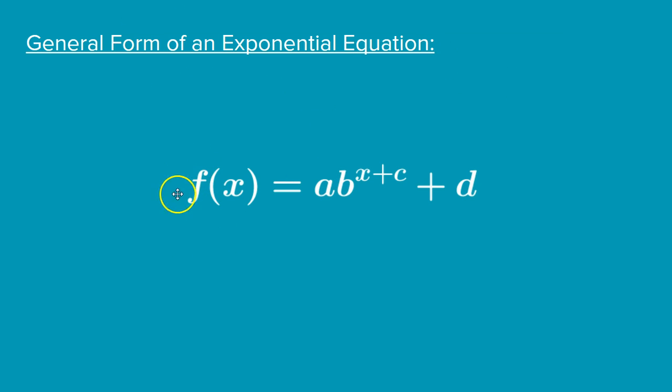So here we have f of x equals a times b to the x plus c, plus d. Now the terms a, c, and d will correspond to specific transformations done to the base function b to the x. In our example, b is e.